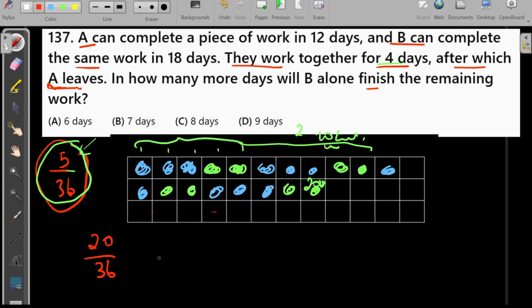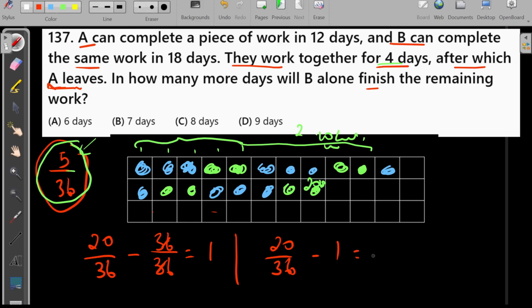Now if A left, we need to find the remaining blocks. How do we do that? We know that the total block of work is 36. So 36 out of 36. If I cancel it out, I get 1, meaning 36 divided by 36 gives me 1. So that will be 20 over 36 minus 1.